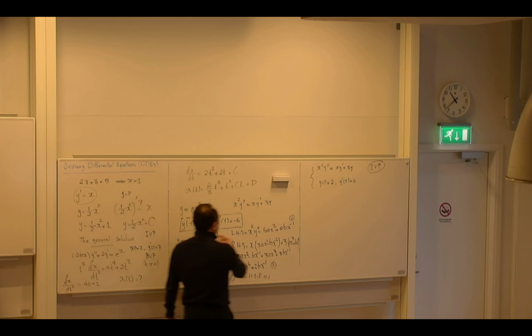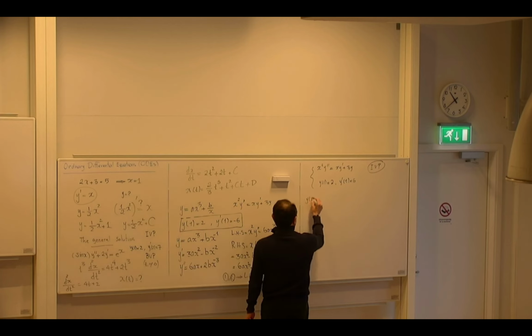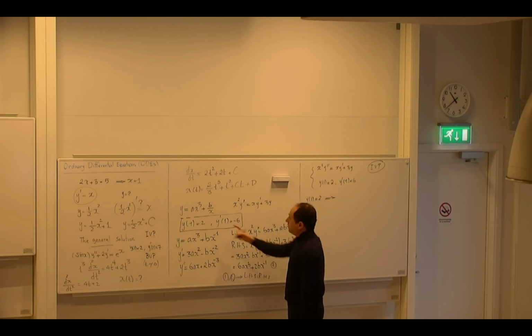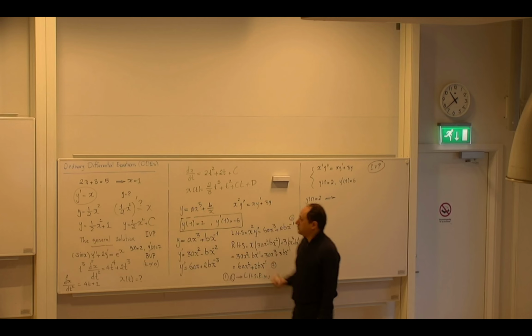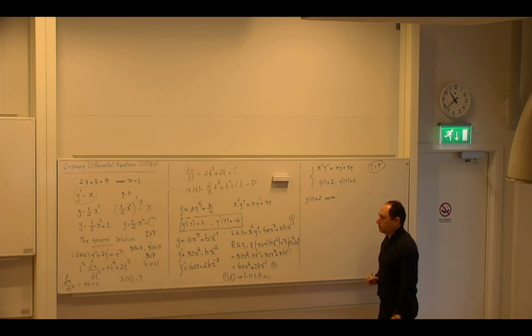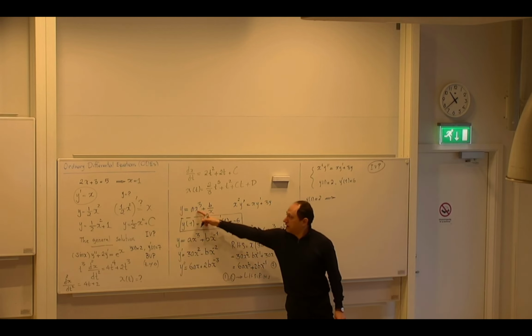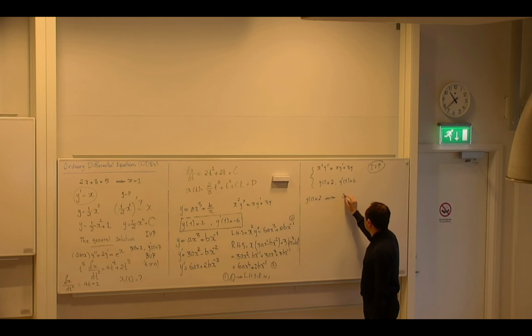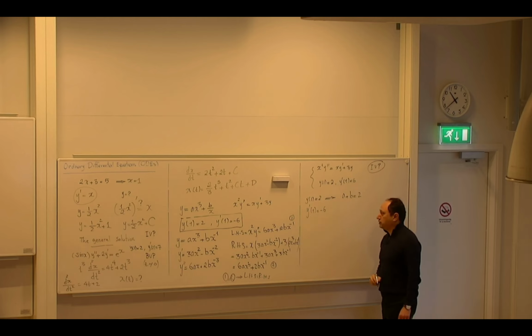So it means that y of 1 is equal to 2. So what does it mean? It means that if I go to y and replace x with 1, the answer is supposed to be 2. So this becomes a plus b, the answer is 2. And then I care about the other condition, so y prime of 1 should also be minus 6.